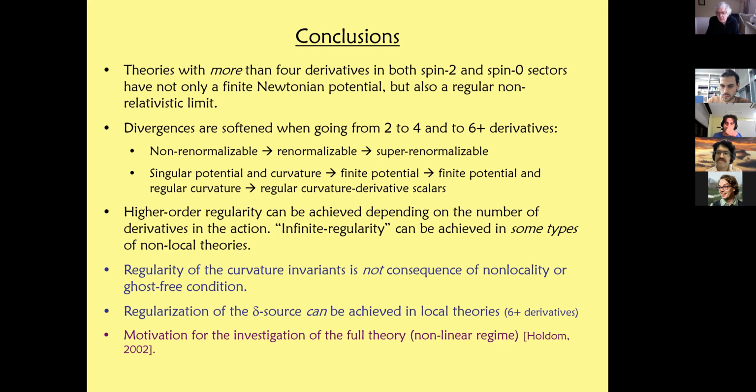Mm-hmm. Well, yes, I mean, if you just stick a 1 over R into del 4, you'll get a delta prime. And if you stick it into del 6, you'll get a delta double prime. And that just means that you've got an extended source. You see, you can't have a point source if you have a higher derivative theory. You can have a point source for second order, but that's the special case.